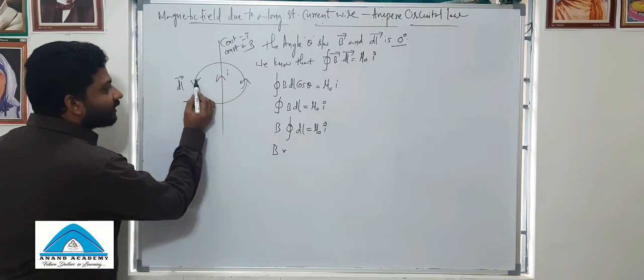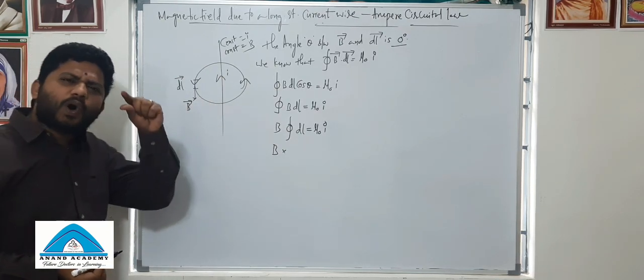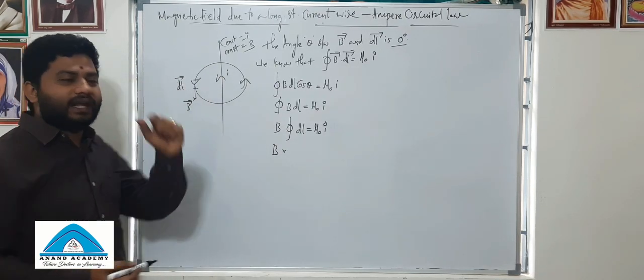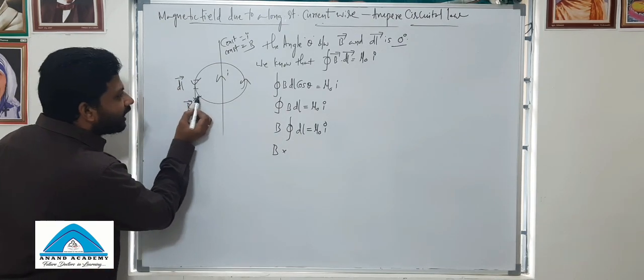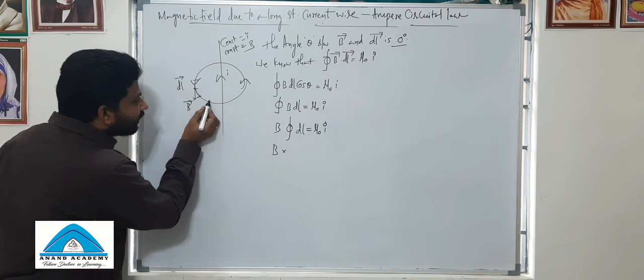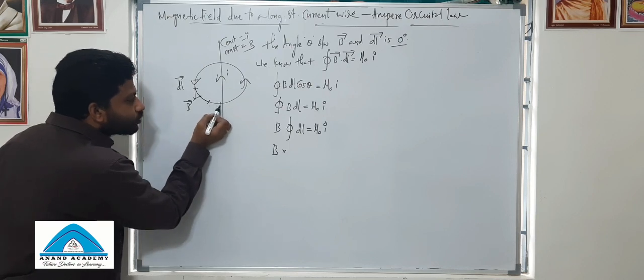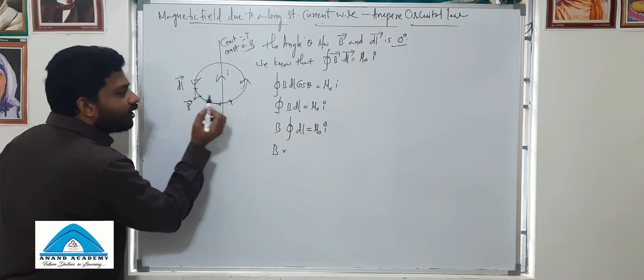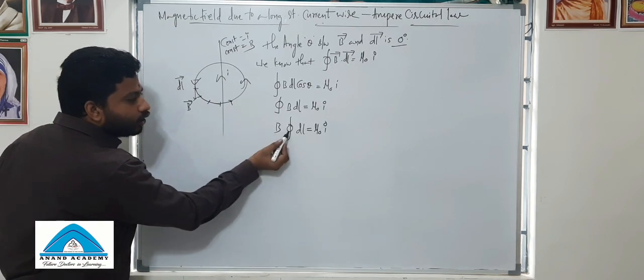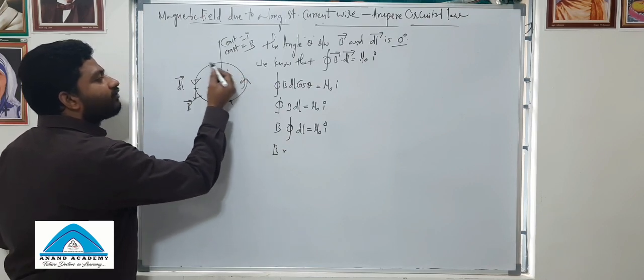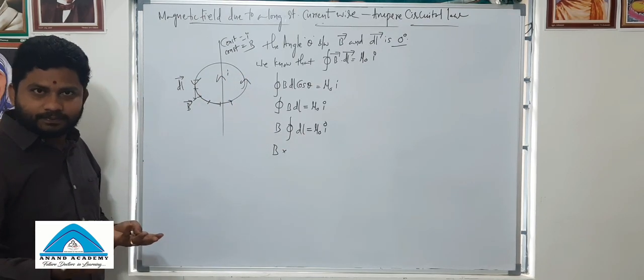So this is the dl, right? One small element, small length element. If you take here also a small element dl, another small element dl, and another, for the complete loop, the sum of all these dl will be how much?